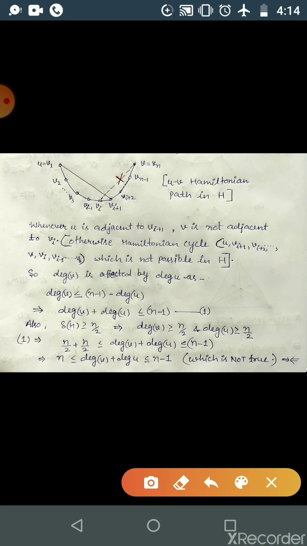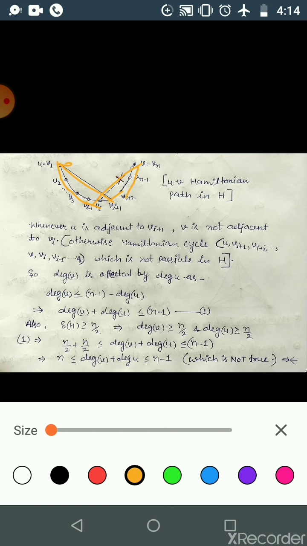You can start with vertex u, go to v_{i+1}, go to v_{i+2} and so on up to v_n. Then you can come back to v_i. Then you can go back to v_{i-1}, v_{i-2} and so on, v3, v2, v1, and then u.